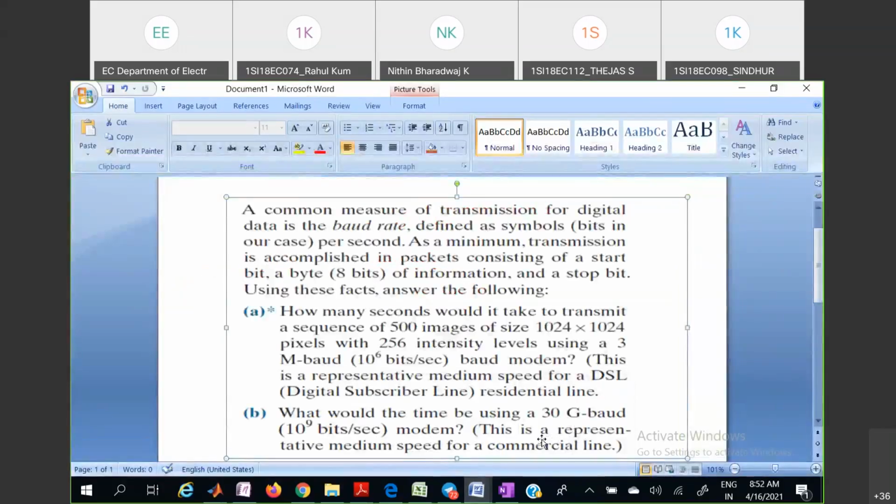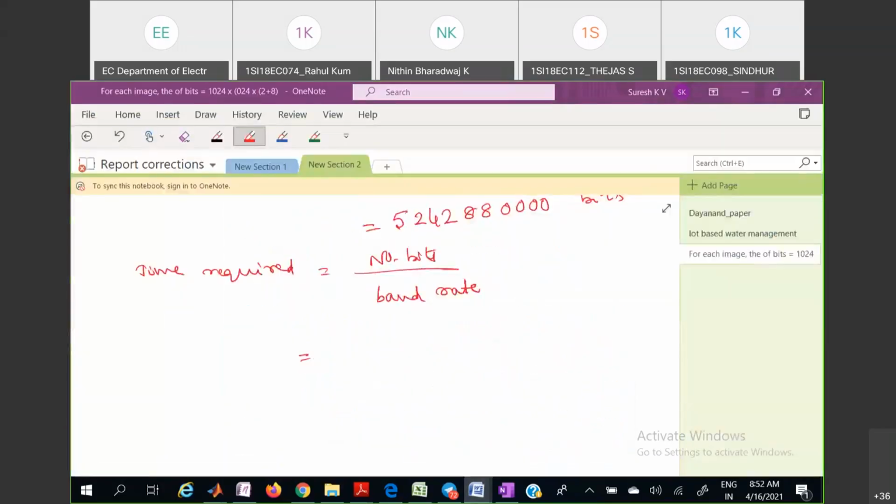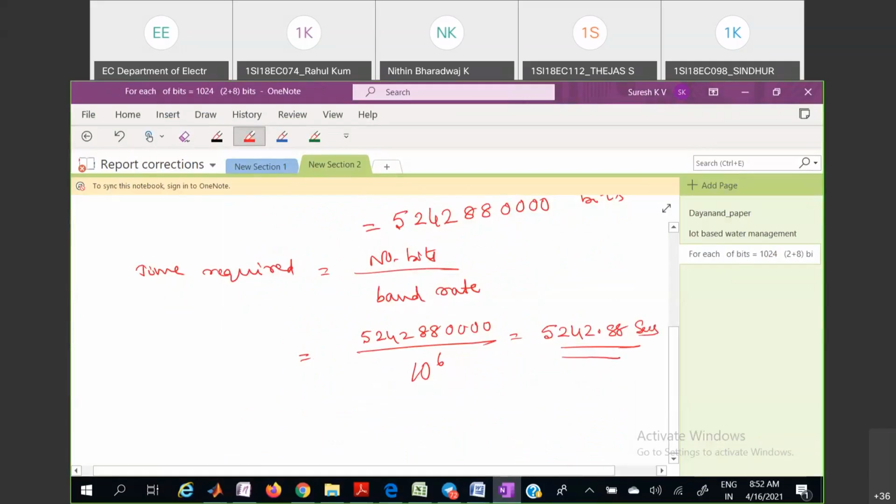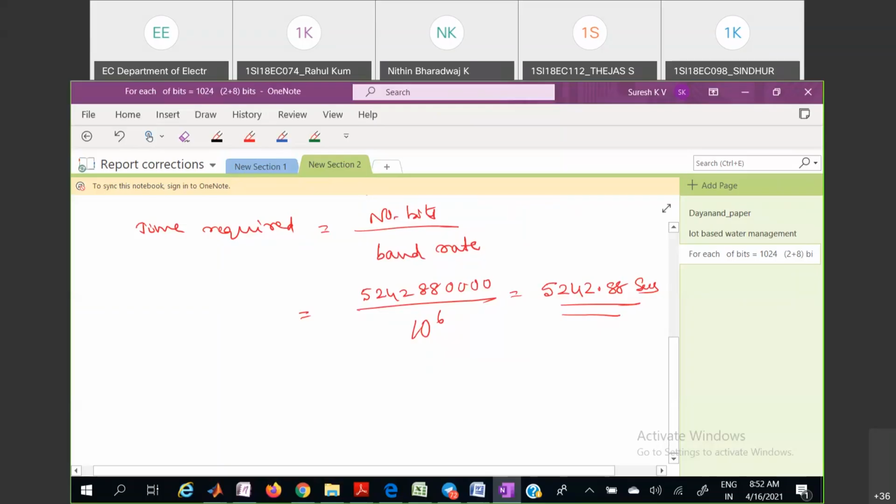So 5242880000 divided by 10 to the power of 6. Okay, so this will be correct now: 5242.88 seconds. Is this correct? Any doubt, or any of you getting a different answer?